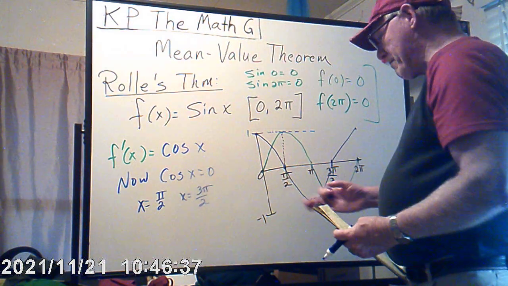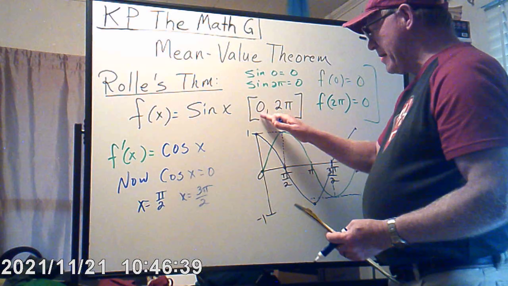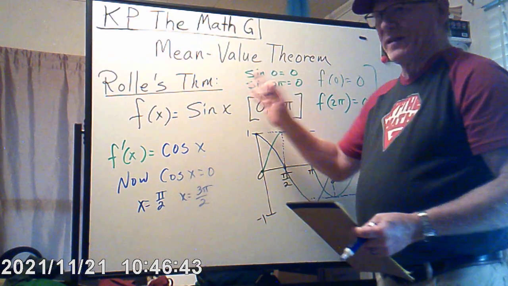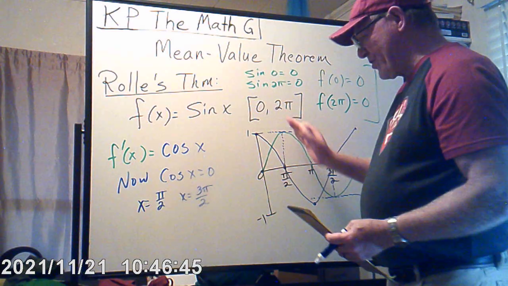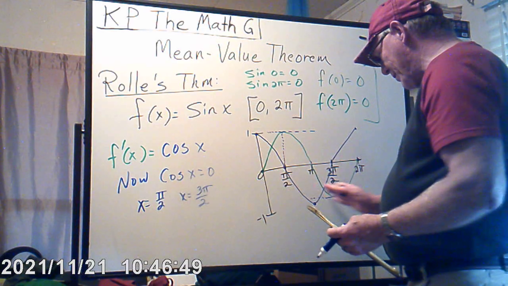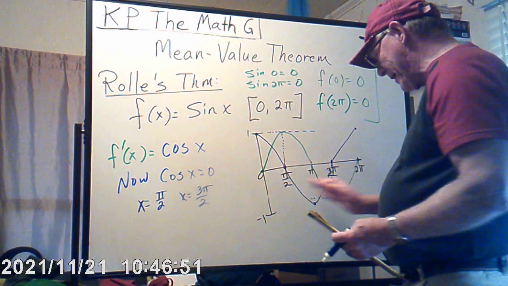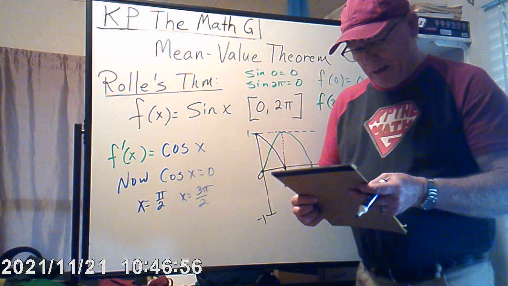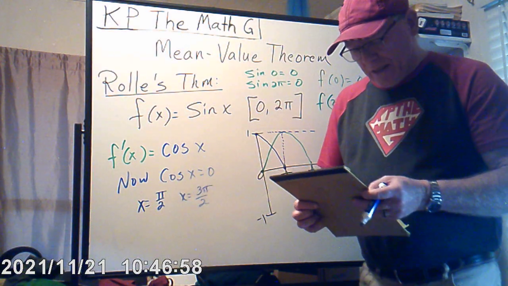And of course they must also be in the open interval of 0 and 2 pi, and certainly we see that pi over 2 and 3 pi over 2 are between 0 and 2 pi. That needs to be established right there.